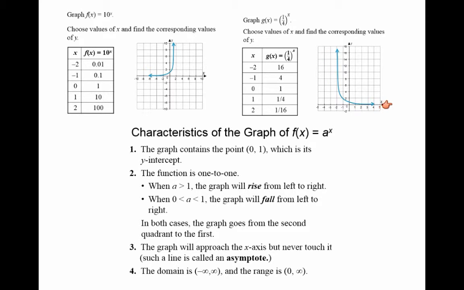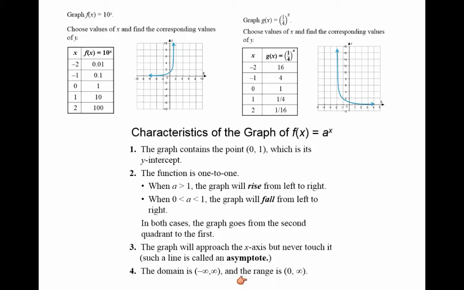In both cases, the graph is in the second and first quadrants. The graph approaches the x-axis but never touches it. And such a line is called an asymptote. So the line that the graph gets closer and closer to but never touches is called an asymptote.